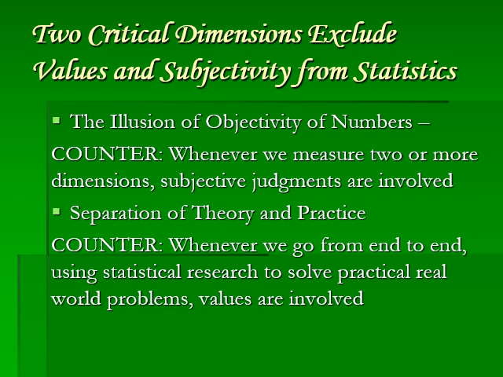As we will see in this lecture, whenever you have two or more dimensions involved in judging anything, then combining those two dimensions involves value judgments. And the second problem which arises is the separation of theory and practice which has taken place. The statisticians just look at the numbers, and the field experts look at the relation between the numbers and the field. This separation is also a problem because it makes statistics appear to be objective when it is not.